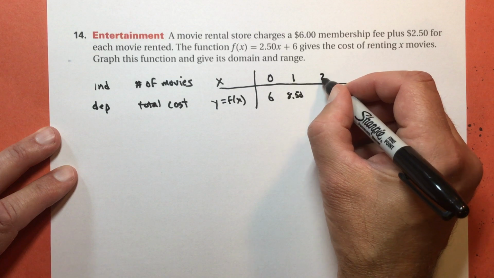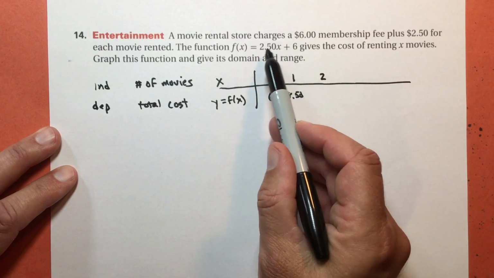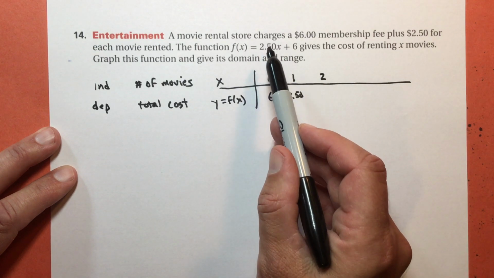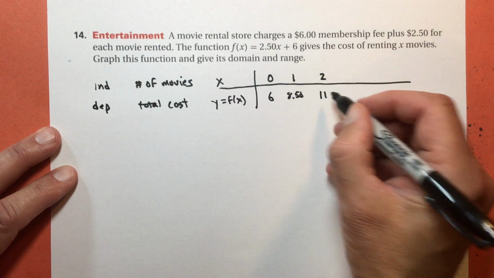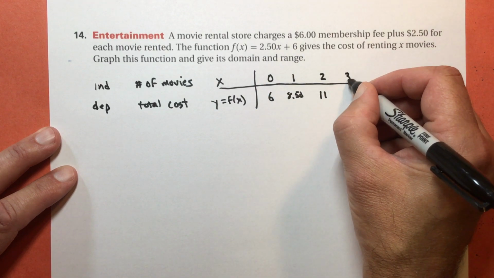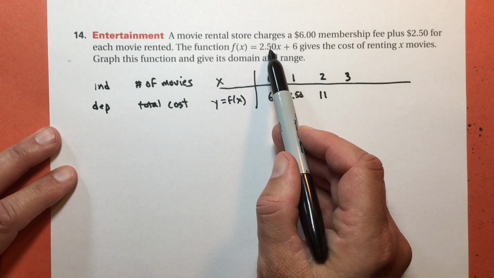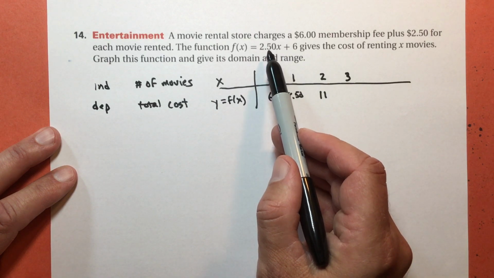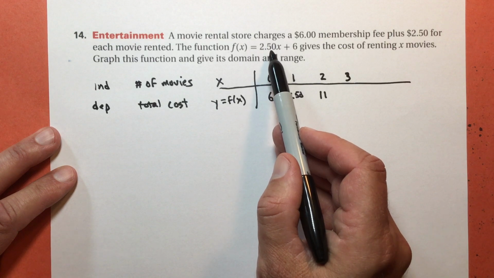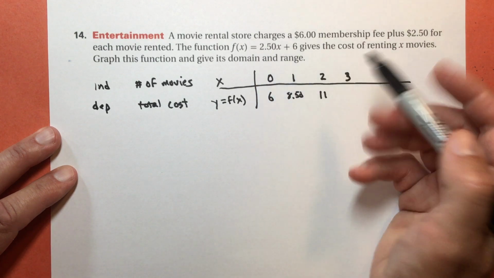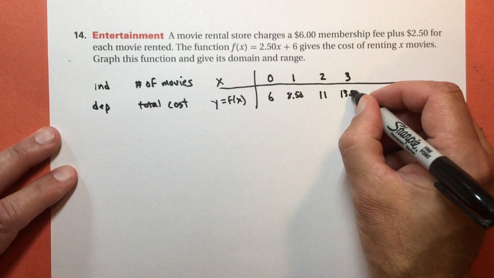If you rent 2 movies, 2 times $2.50 is $5. 5 plus 6 is going to be 11. If you rent 3 movies, $2.50 plus $2.50 plus $2.50 is $7.50, plus $6 is going to be $13.50.